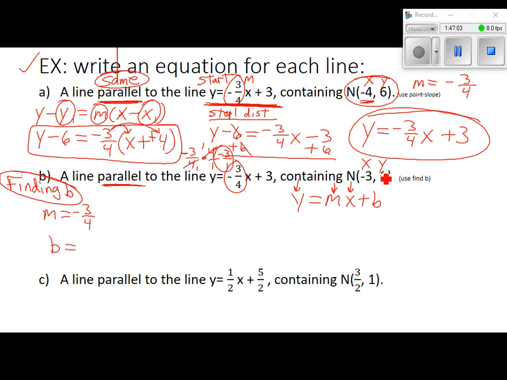This is our x, that's our y, this is our m. So in place of y, I stick in 6. In place of m, I stick in negative 3/4. In place of x, I stick in negative 3.